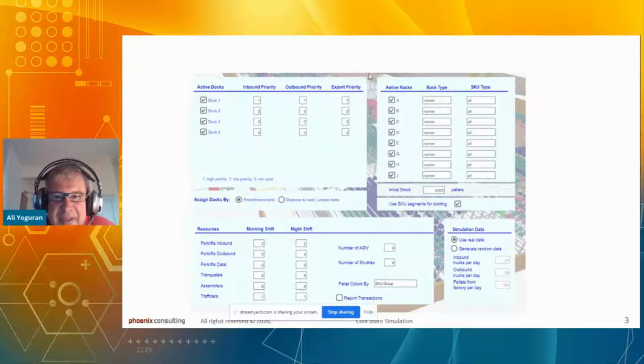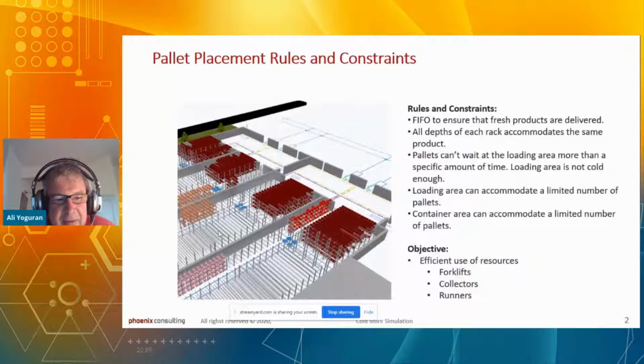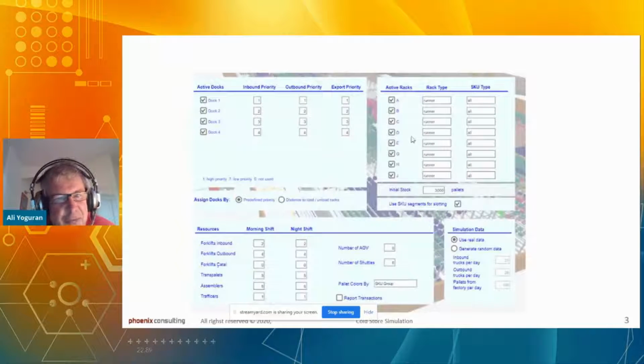So at some times of the year, the customer wants to switch off some of the rack areas, like this part, because keeping it running needs energy, cost, and people. So they have to just switch it off, forget it, and don't use it, and they have to see the consequences. Which of these they should switch off, which of these they should be using, and what would be the impact.